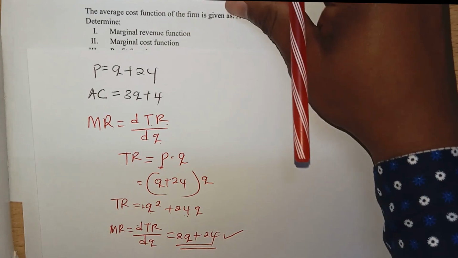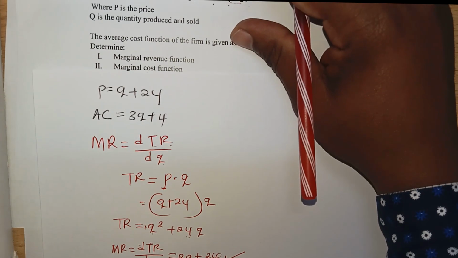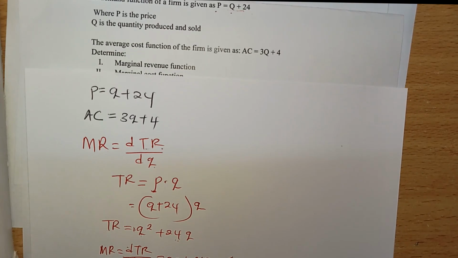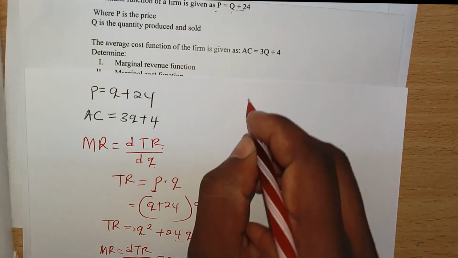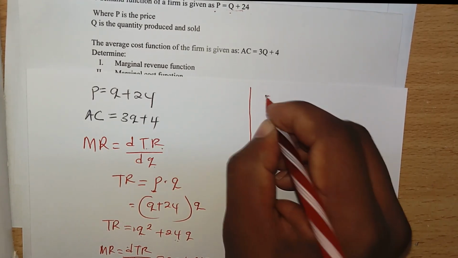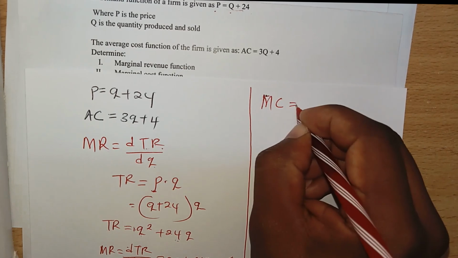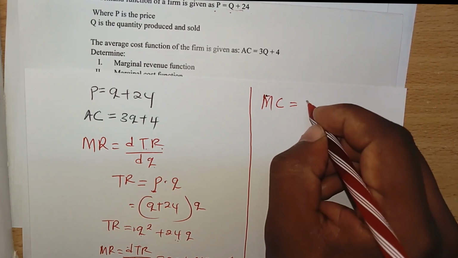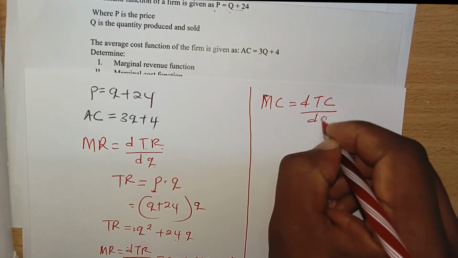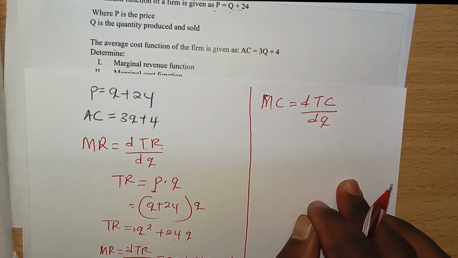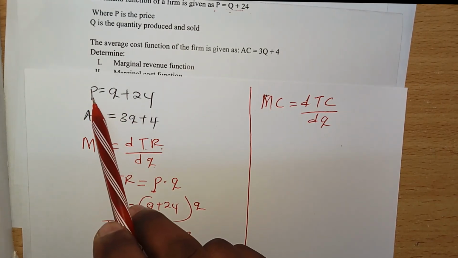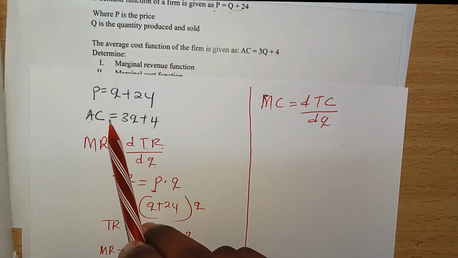Part B of that question, we are asked to find the marginal cost function. For us to find the marginal cost function, we need to first find the total cost function. Marginal cost is obtained by differentiating the total cost function with respect to the number of units produced and sold. Because we don't have the TC, what we have here is the demand function of the firm and the average cost of the firm.